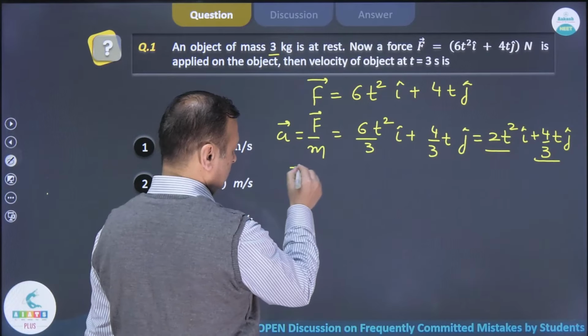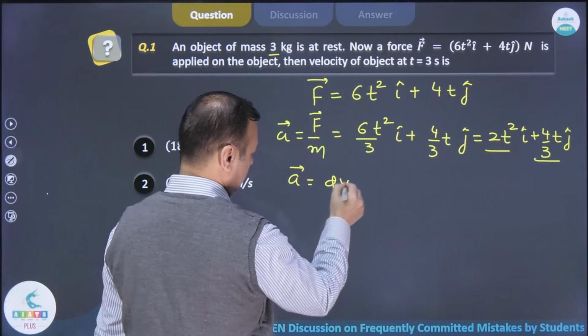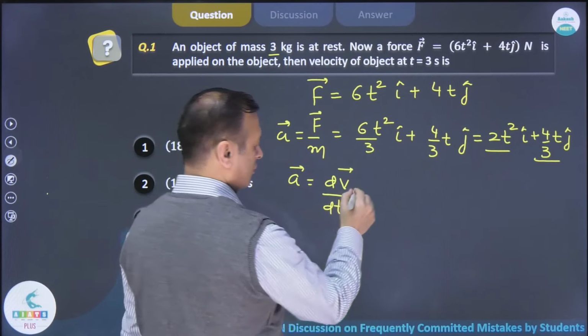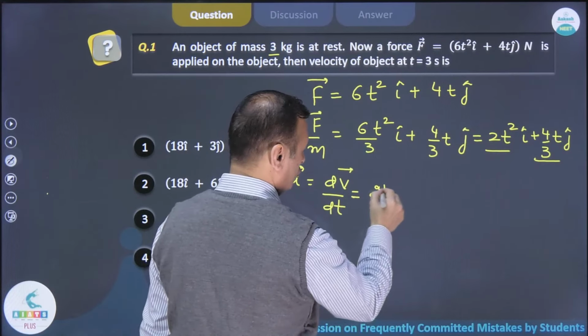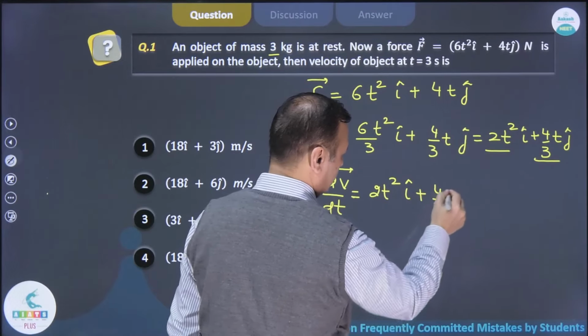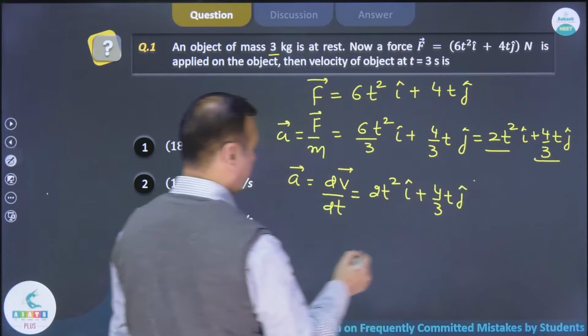So what is acceleration? Acceleration is dv by dt, which is 2t square i cap plus 4 by 3 t j cap.